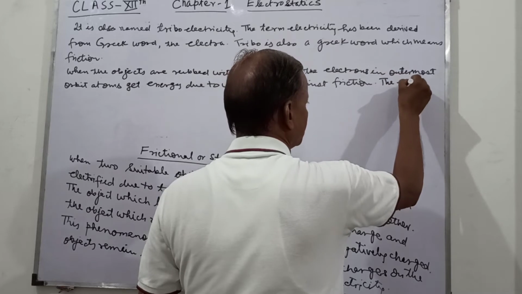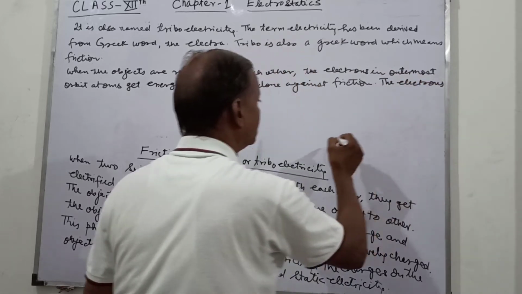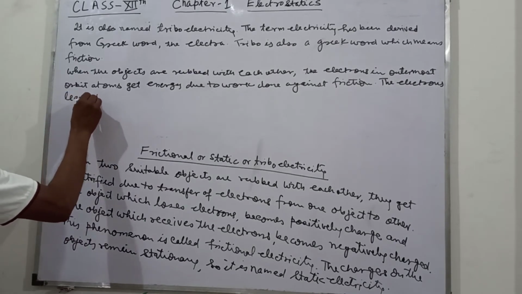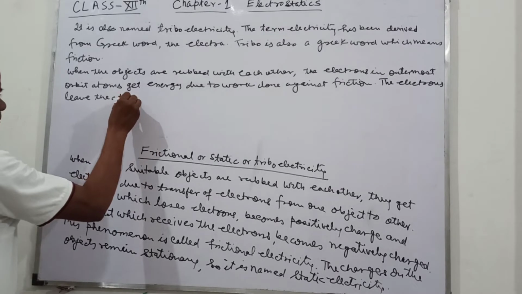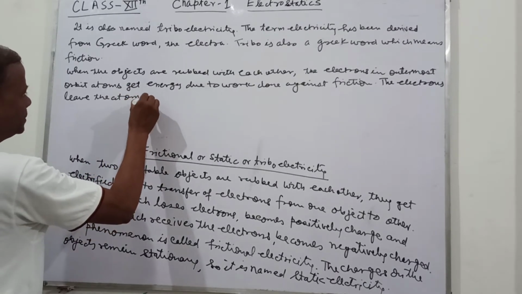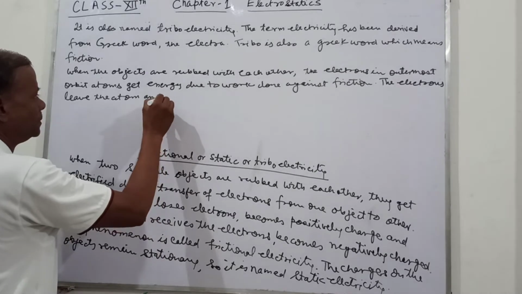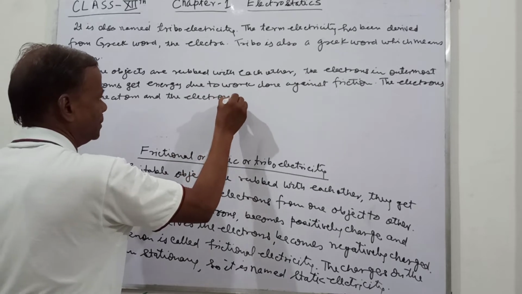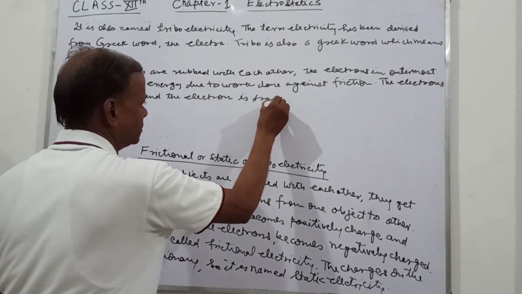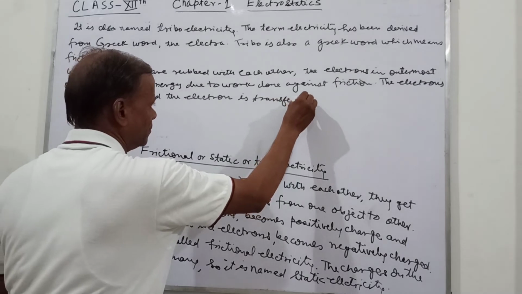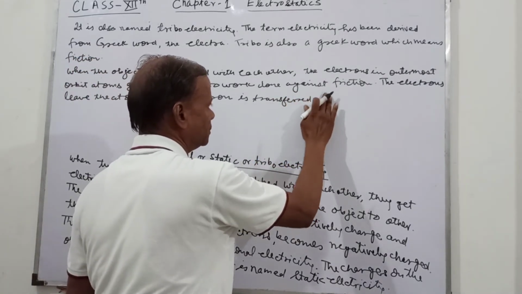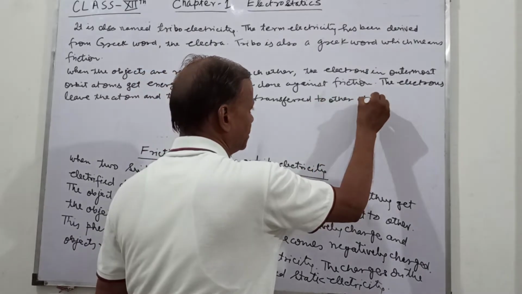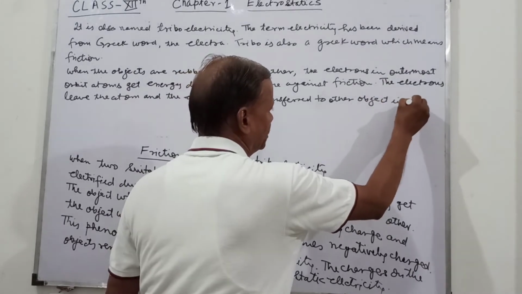The electrons leave the atom and are transferred to other objects in contact.